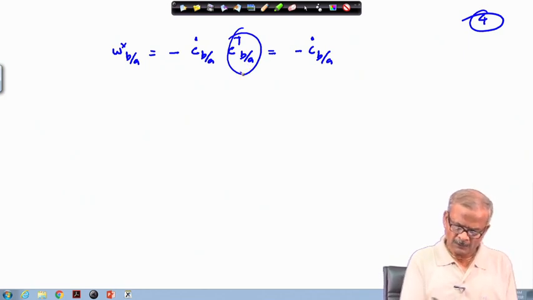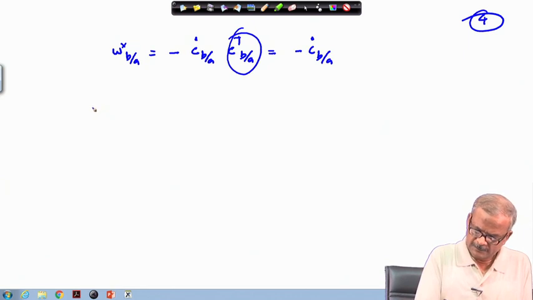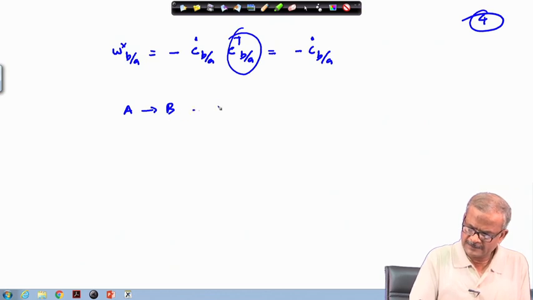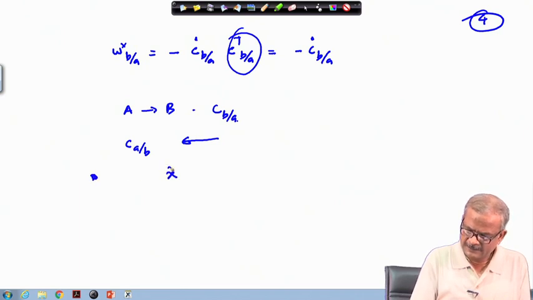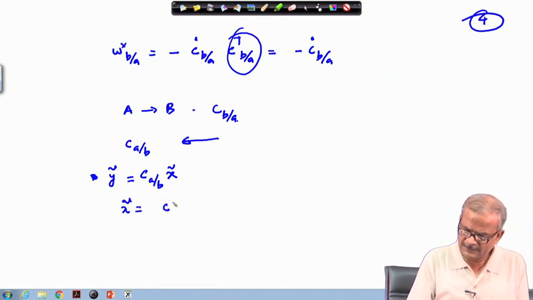Okay. As you know, going from frame A to frame B, we write this as C B slash A, and if we go back from this frame to this place, we write this as C A slash B. Say we have a vector x tilde, which we operate on by A slash B. This will be indicated by y tilde, while if we write it the same way here, this will be C A slash B, and we operate by the transpose.